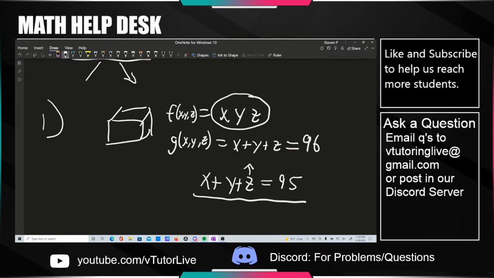Yeah, okay. I was being a little bit slippery there because technically, if one of these is equal to 0, then 95 or 96 is going to be the same either way. But it should be pretty clear that that's absurd. If one of these is equal to 0, the volume is going to be 0, and that's clearly not the optimal case.